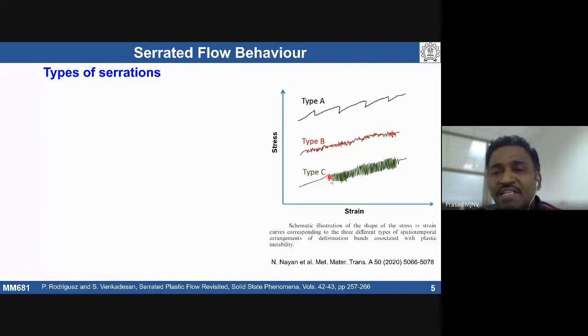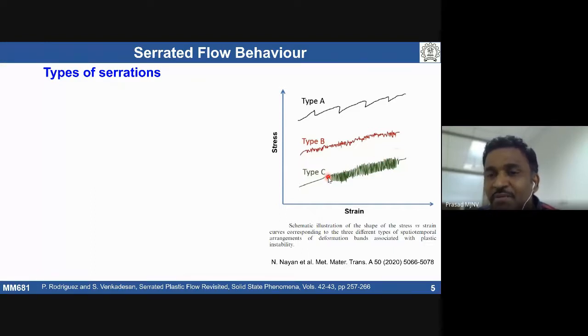Between B and C, what is the difference? Your stress-strain curve is supposed to follow like this if there is strain work hardening and no serrations.